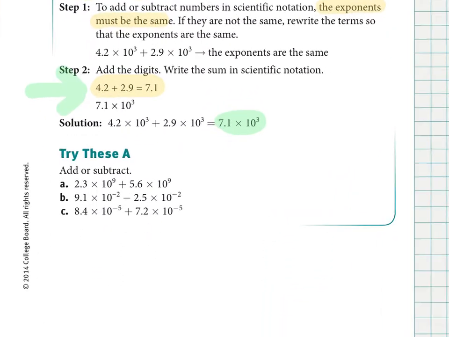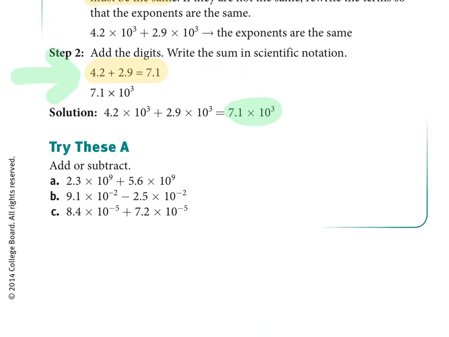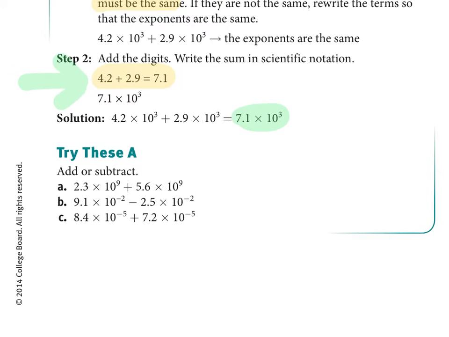Let's do the try these down at the bottom of the page here. So try these A. Oops, let me get a marker here. If we want to do 2.3 times 10 to the 9th, and we want to add 5.6 times 10 to the 9th, since both are times 10 to the 9th, we are able to just add the first factor.